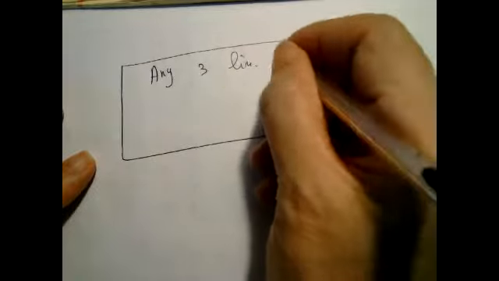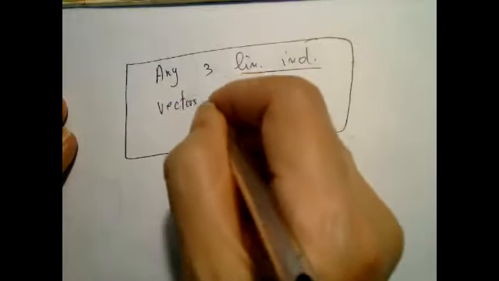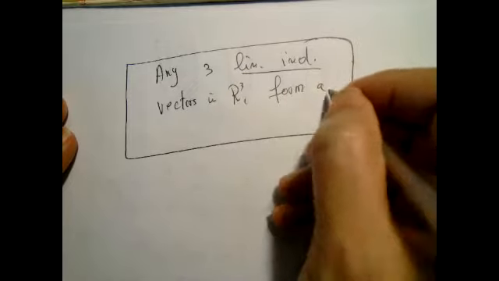Any three linearly independent vectors in R3, they have to be three, and linearly independent is crucial. If they are dependent, I'm after a different picture. Any three linearly independent vectors in R3 form a basis for R3.